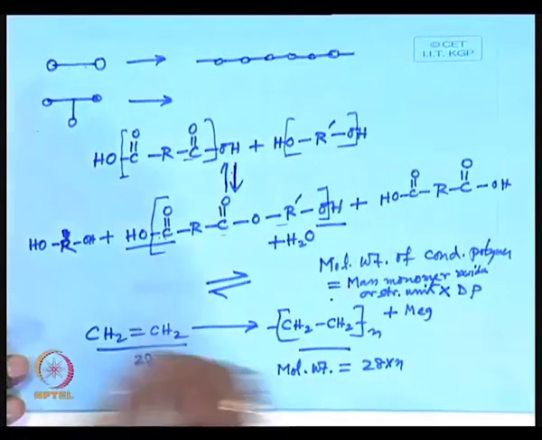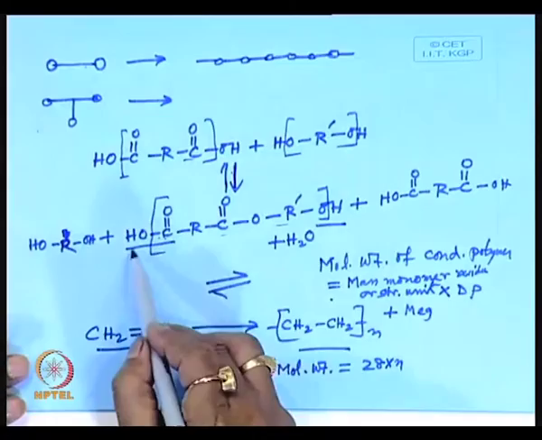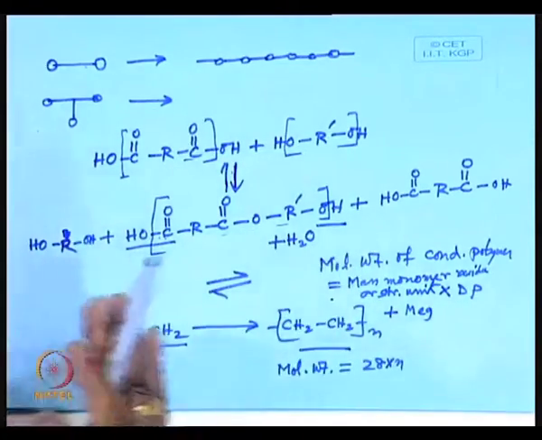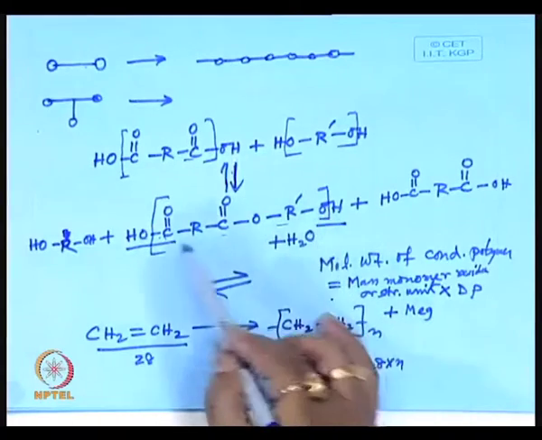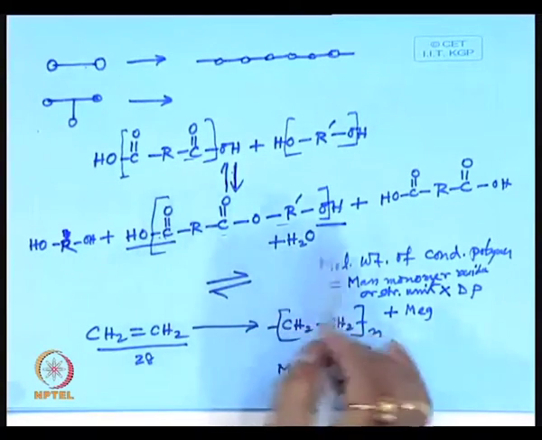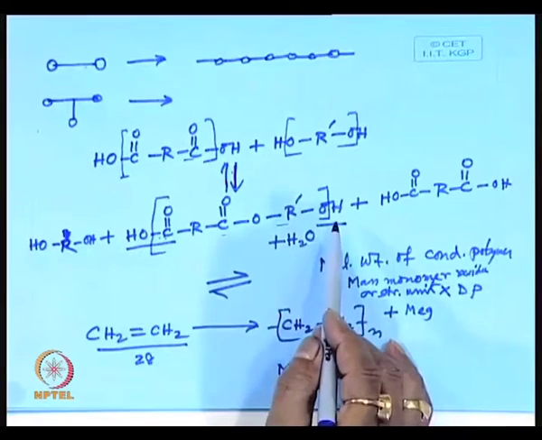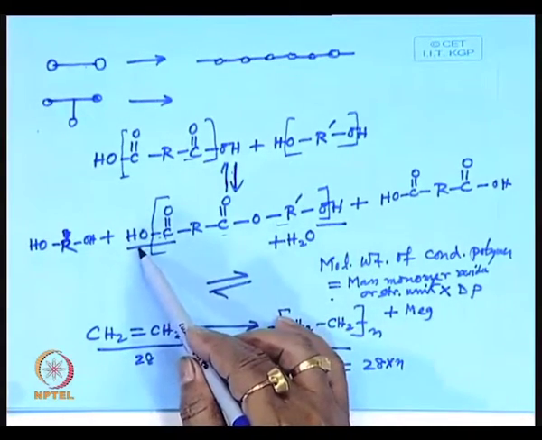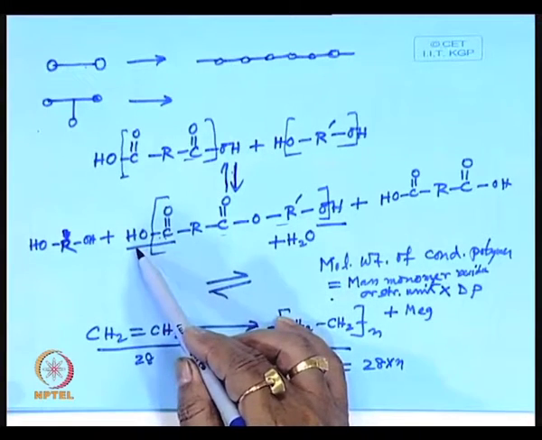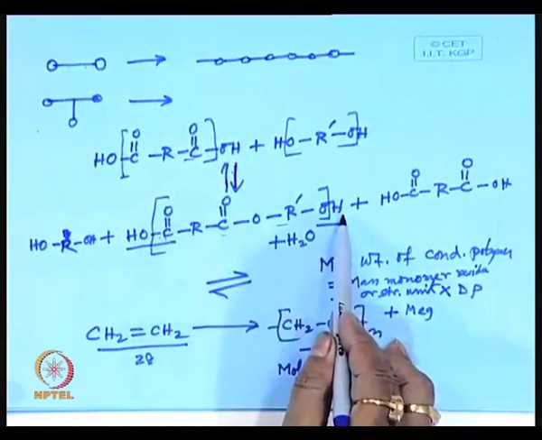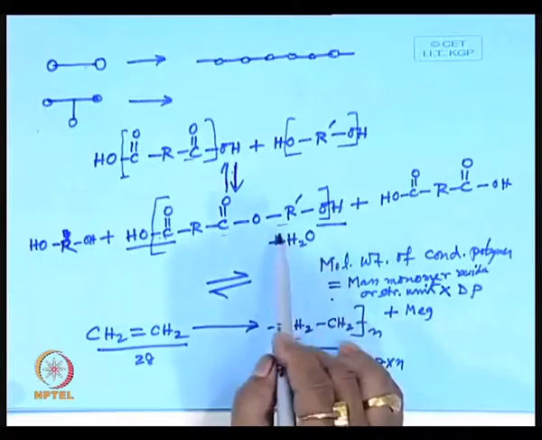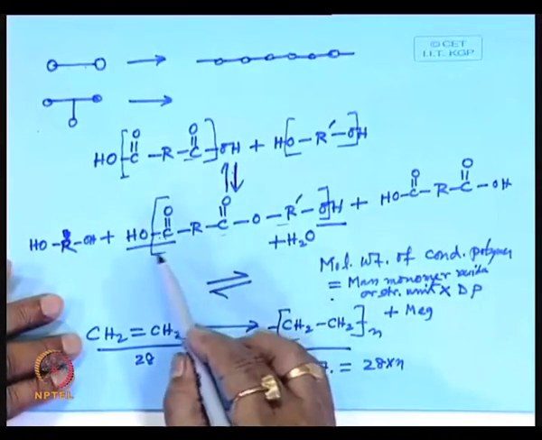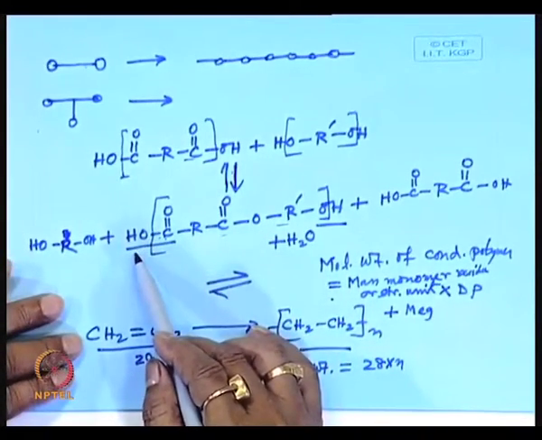What are the end groups? Because this will continue to increase, repeating this residue within the third bracket, and outside the bracket there will be one OH and one H. So, the molecular weight of the end groups here is 18.